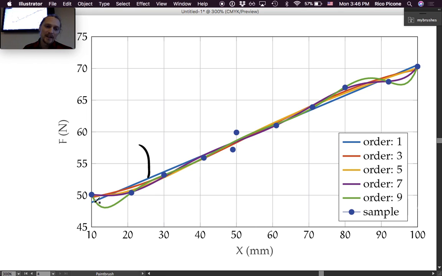We see the blue one just going kind of straight through the data. That's probably the one we want to go with, right? But I thought it would be interesting to look at what happens when we increase the order. So third order is the orange, then fifth order, seventh, ninth order. And what's interesting is that there are 11 points, right? Are there 11?